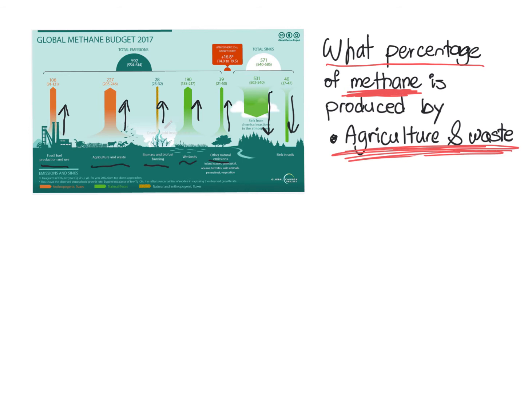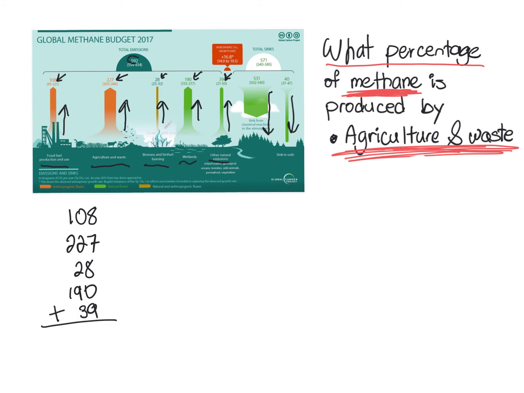So now we need to know the total methane that is produced. What is the size of the pie? Well, if we get these numbers, 108, 227, 28, 190, 39, and add them, in fact, I'll give you a shortcut because I won't use my calculator in this case.